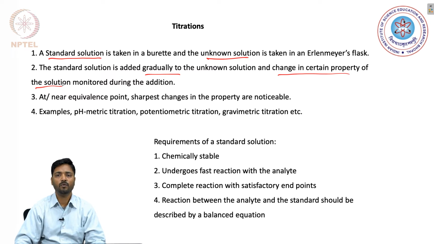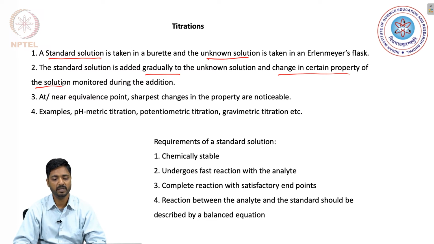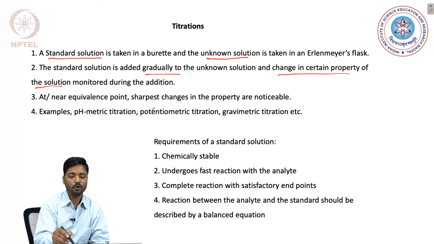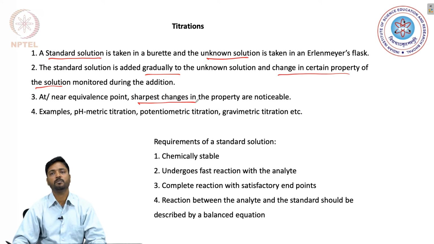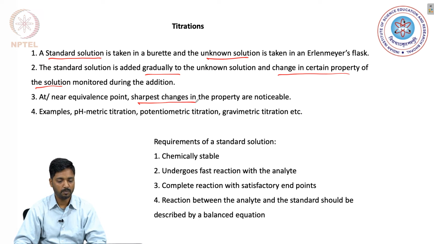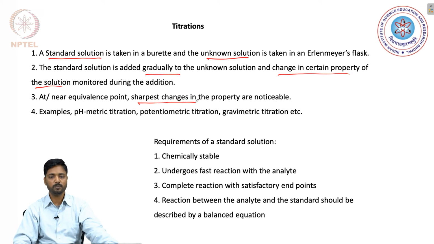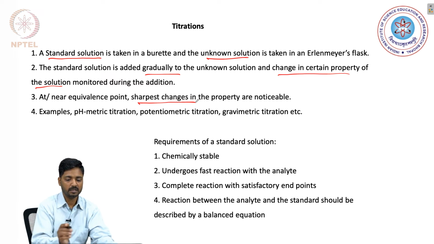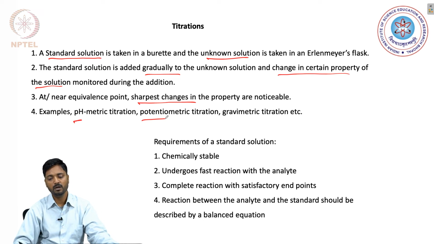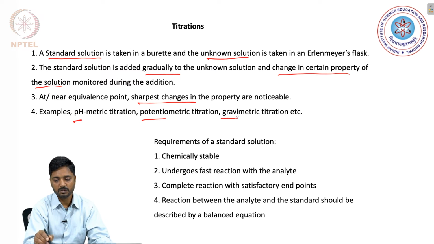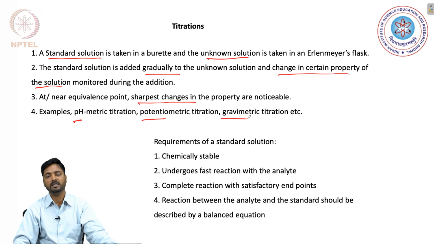And what is observed is that at or near the equivalence point, say the acid and base concentrations are similar, we observe the sharpest changes in the property. Some of the properties that can be easily monitored are the pH of the sample or the potential of the sample, or using the gravimetric titration.